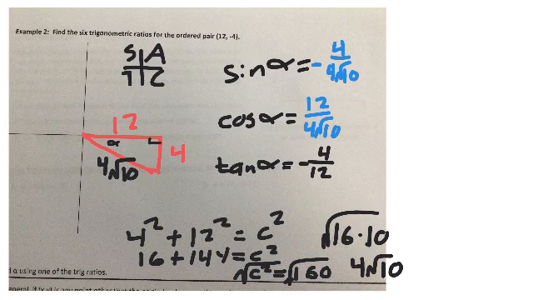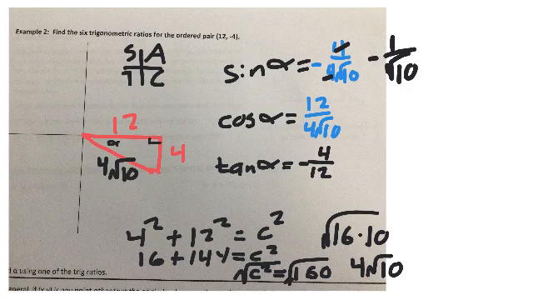But we need to reduce them and we need to get rid of the radicals in the denominator. So right here I have a 4 being multiplied in the numerator and denominator. So I can reduce that 4. So this is the same thing as negative 1 over radical 10. Basically those 4's cancel and you're left with a 1 in the numerator. And then 1 times radical 10 in the denominator is just radical 10.